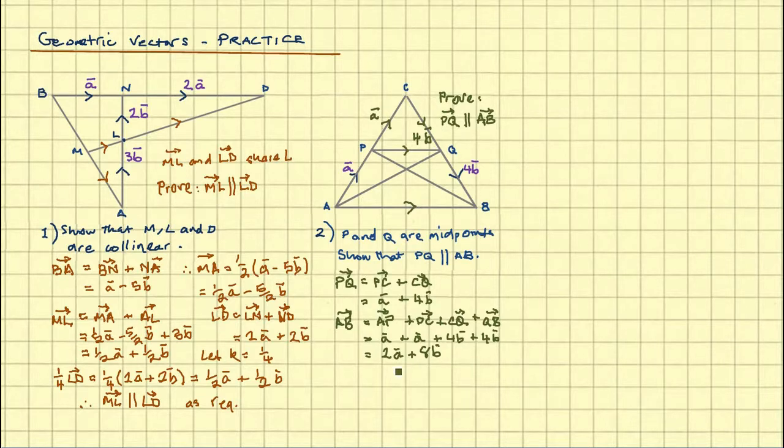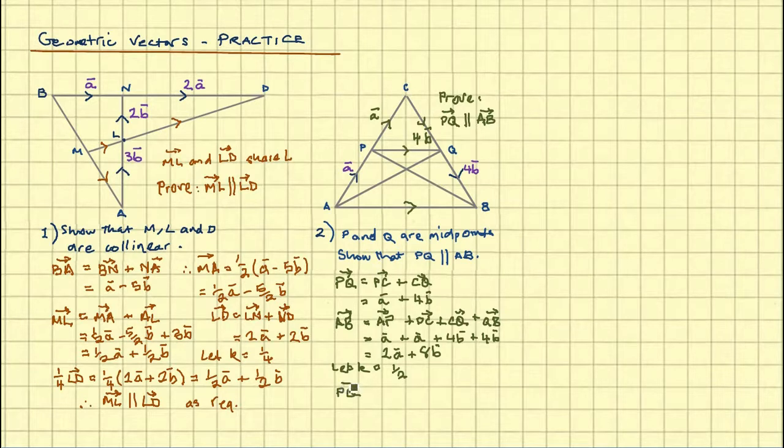So what would that constant k be? Well, we can see that AB is twice PQ. You can see 2a and a, 8b and 4b. So all we need to do is say let our constant k equal a half.